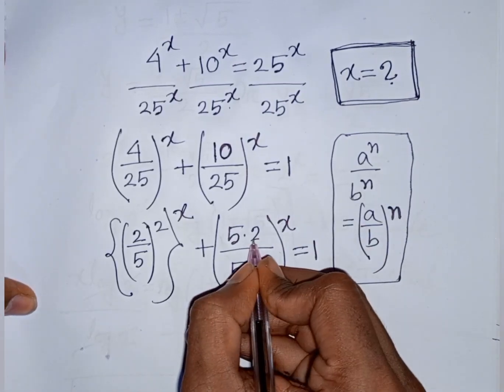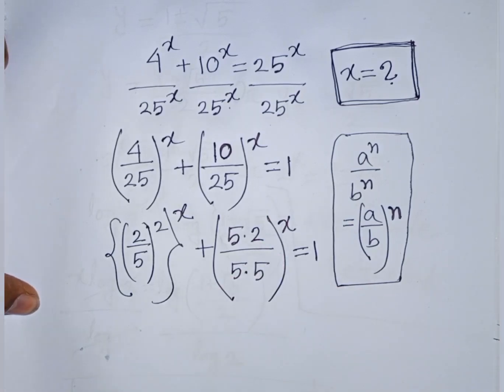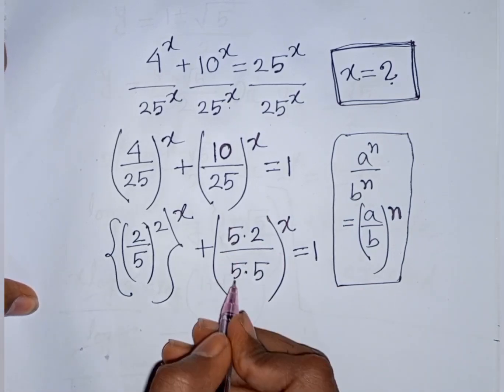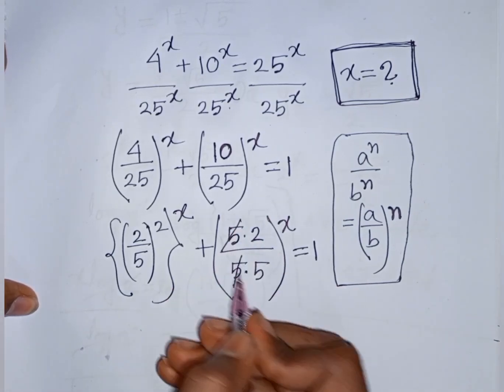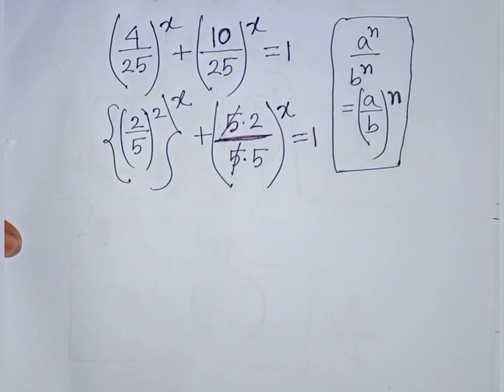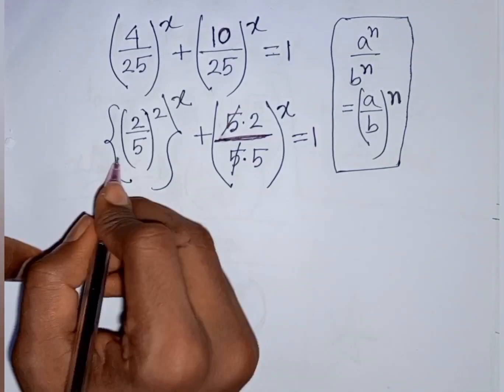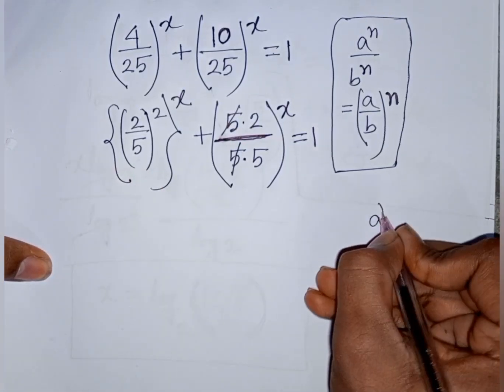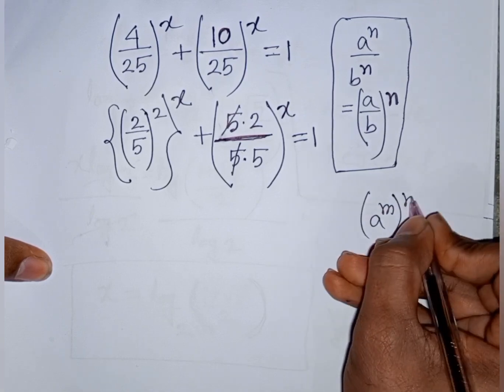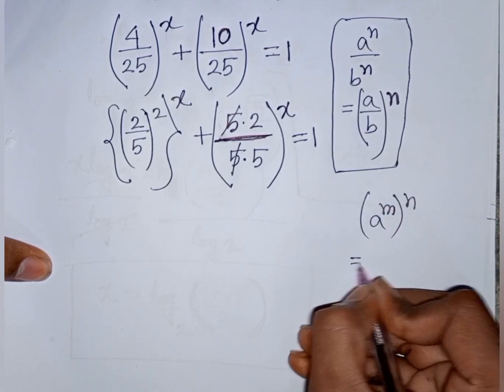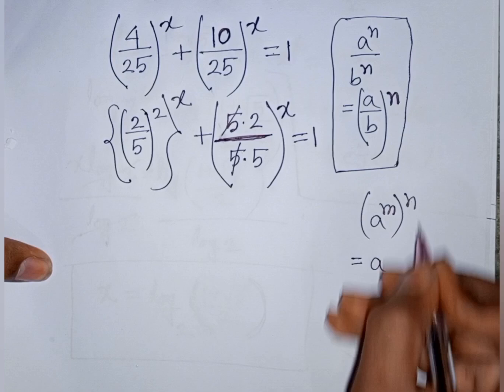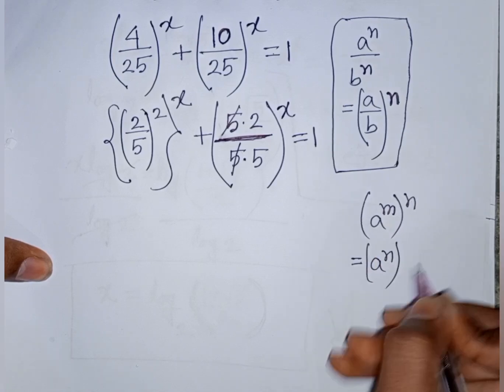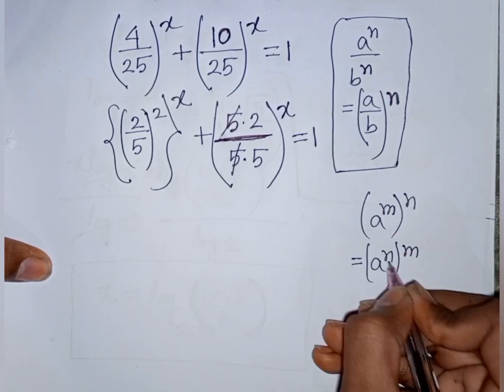Now we see this 5 will be cancelled. Now here I can apply this exponential rule that a power m bracket power n is equal to a power n bracket power m.